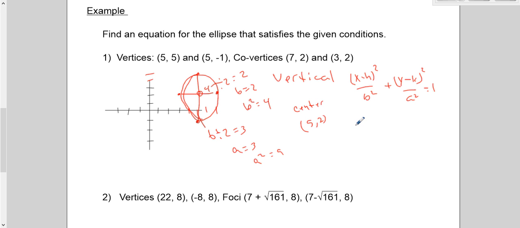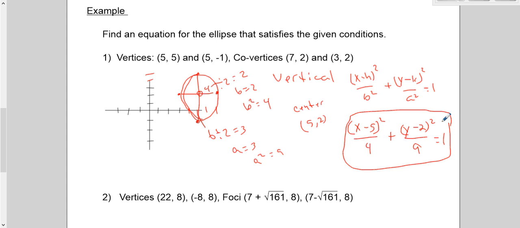And so I have x minus 5 squared over b squared, which is 4, plus y minus 2 squared over my a squared, which was 9, equals 1. And there's my equation. So it really helps to draw that out.